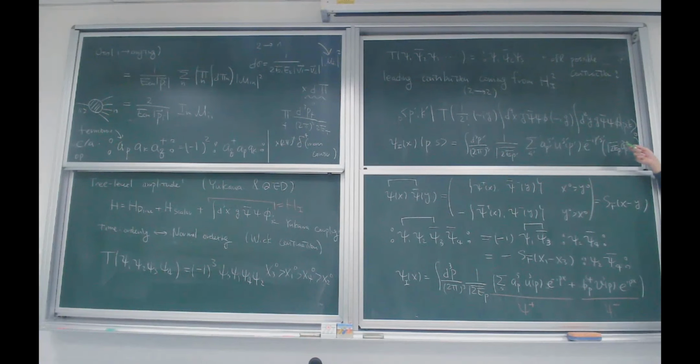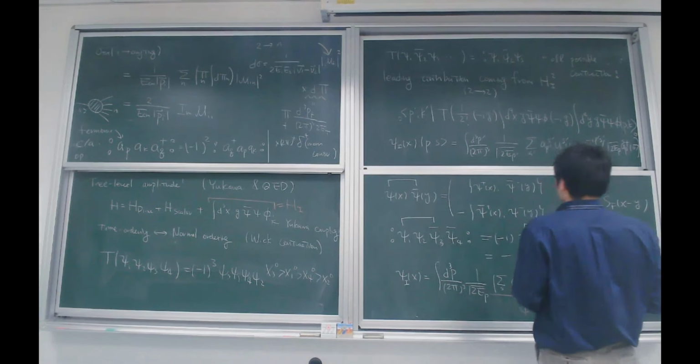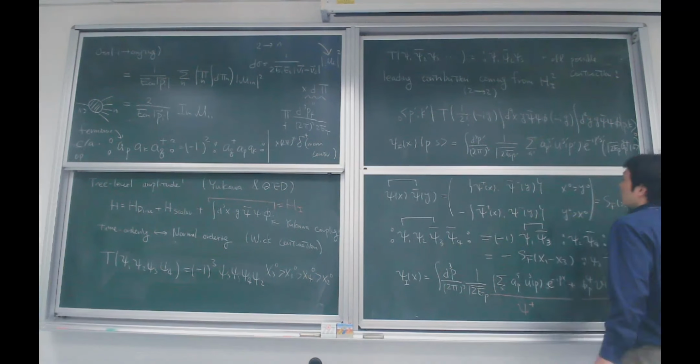That was our convention. So what we need to do is essentially impose the anti-commutation relation here. Then what we have is a delta function p minus p prime, and we integrate over p prime. And this square root of E_p and square root of E_p cancel. What's left is this guy. I'm sorry, I'm going to erase here.